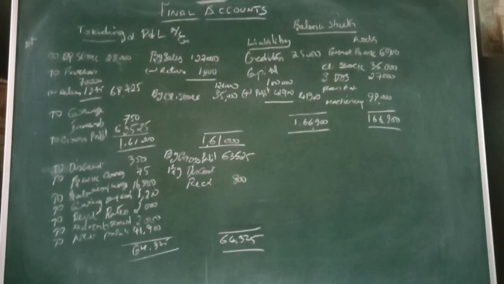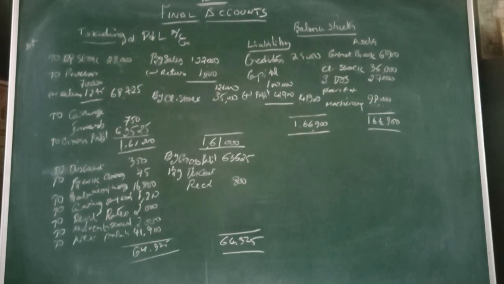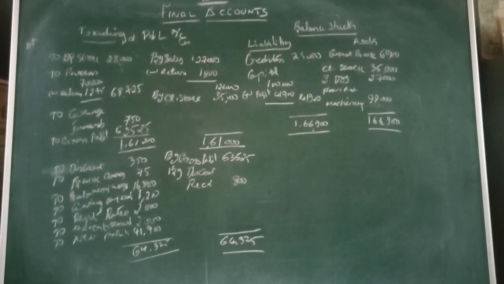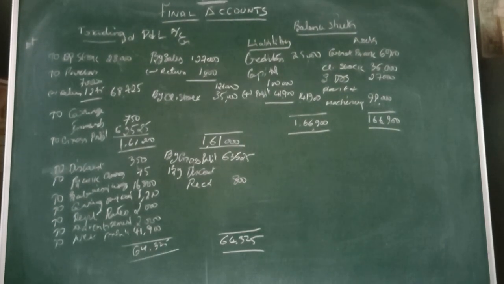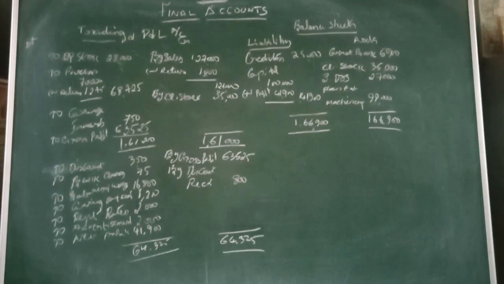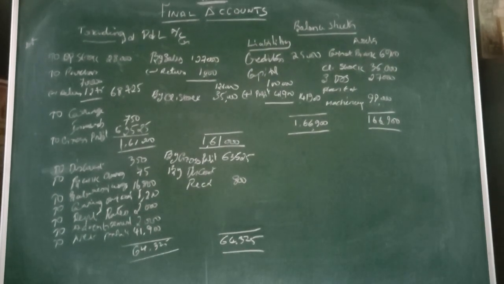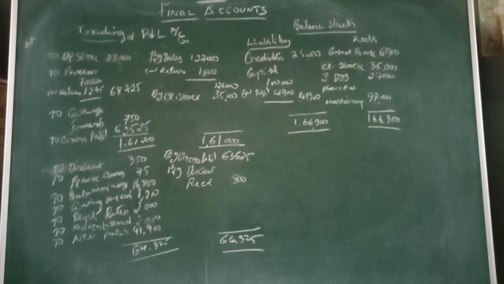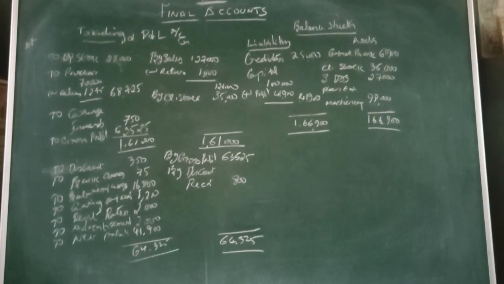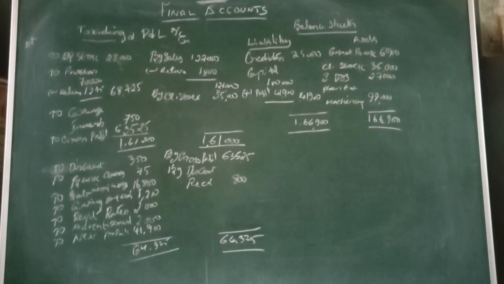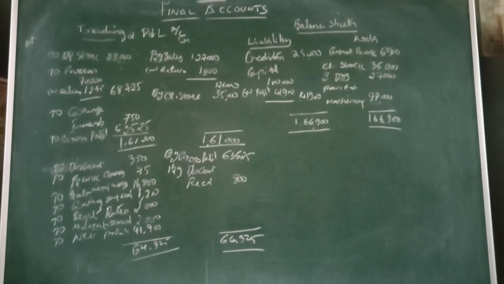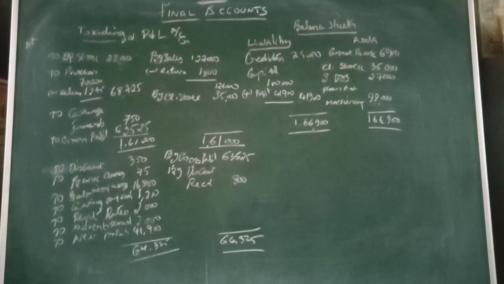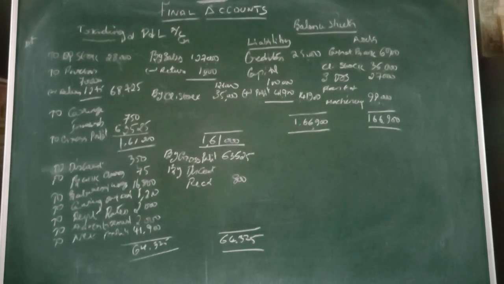Normally you can expect this type of problem for examination purposes. You can expect this type of problem for Section C, 15 marks. Sometimes you may also get a part of the problem, that is calculation of capital, preparation of the trading or P&L account, ascertainment of the final assets, or ascertainment of the liabilities of the business, because we are discussing only the final accounts of a proprietary concern.